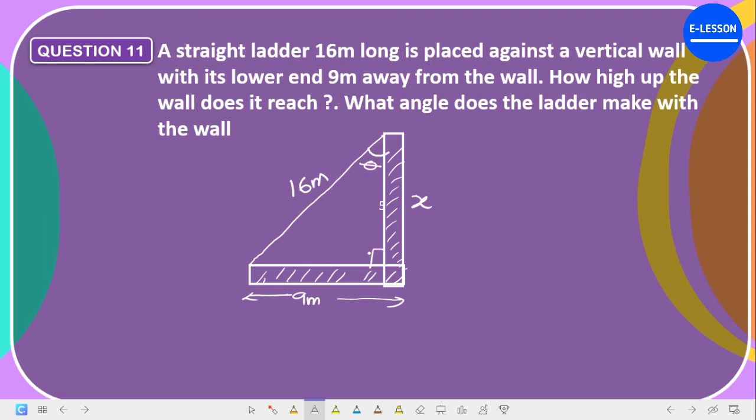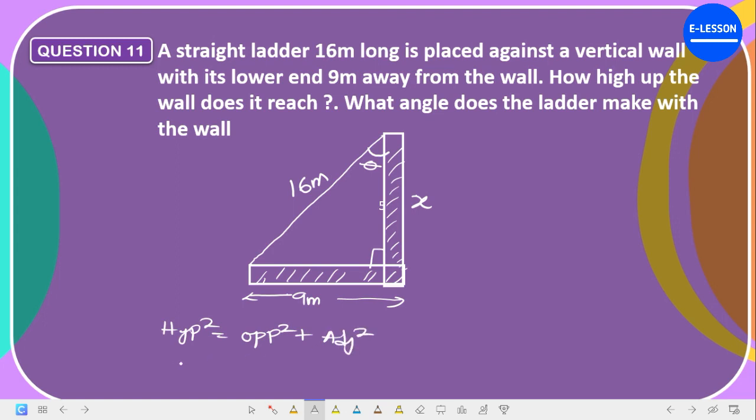Then how high up? Of course, we know this is a right angle triangle, and we have the hypotenuse, the opposite, and of course the adjacent. So in this case, what will be your solution? To get the adjacent, you know that hypotenuse squared is equal to opposite squared plus adjacent squared.